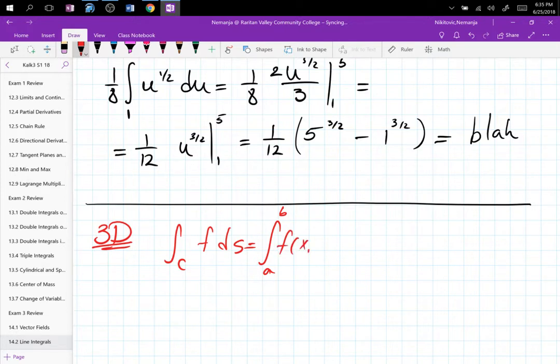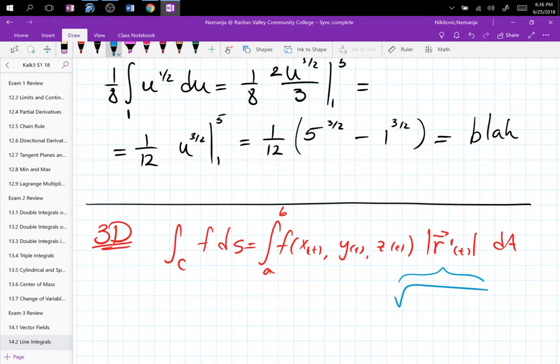So f of x of t, y of t, z of t, times r prime of t dt, which can also be the square root of x prime squared plus y prime squared plus z prime squared. That goes there.